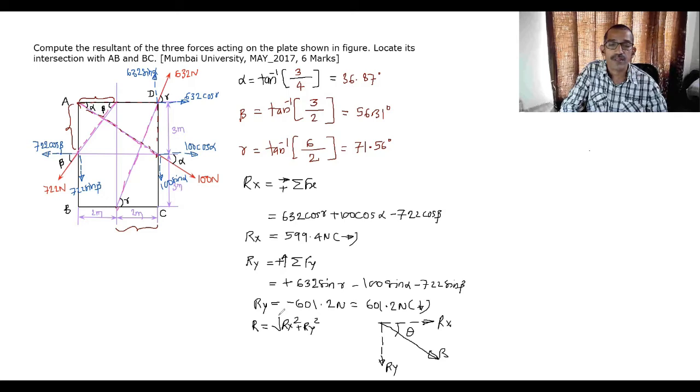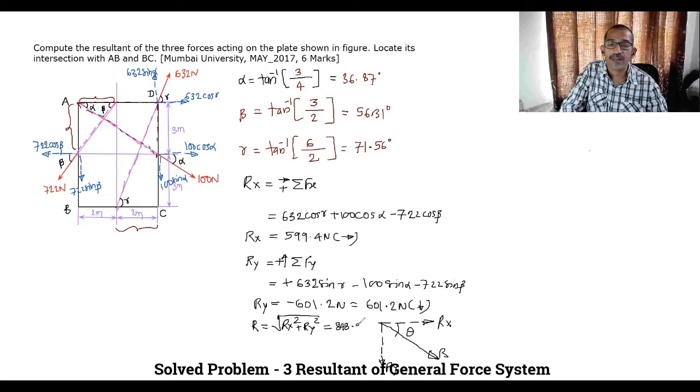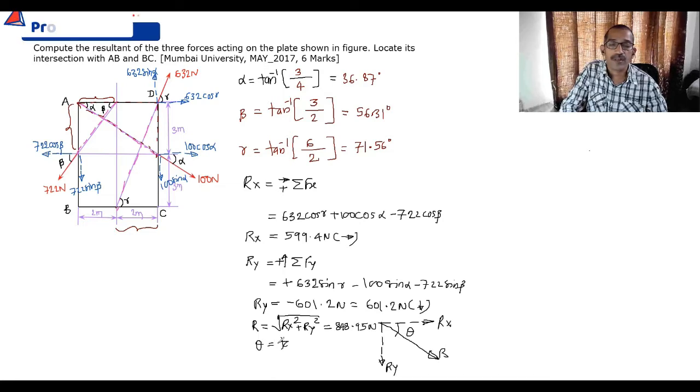Simply substitute here, Rx equal to 599.4, Ry is 601.2. And if we find out, this R comes out to be 848.95 Newton. Theta we will find out applying what?